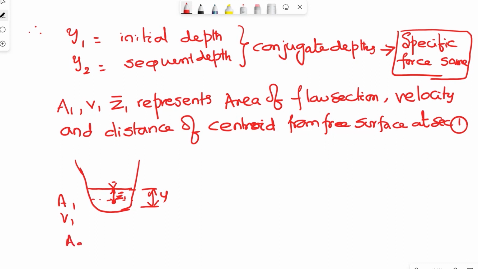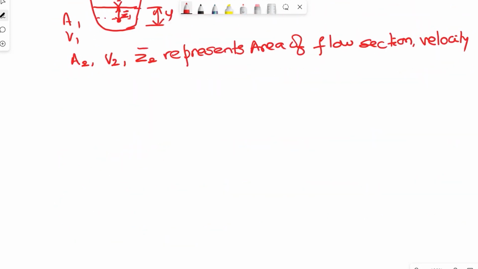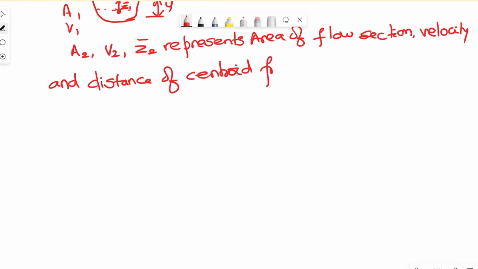Similarly, A2, V2, Z2 bar represents area of flow section, velocity, and distance of centroid from free surface.